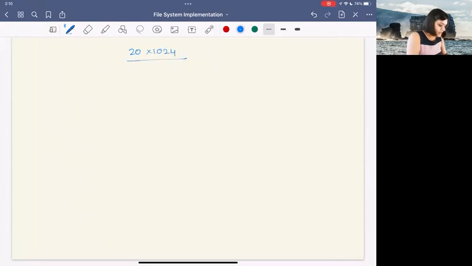And if the disk sector size is 512, that means the sector on the disk that we have to look at to get to this inode number 32 is the 40th sector.